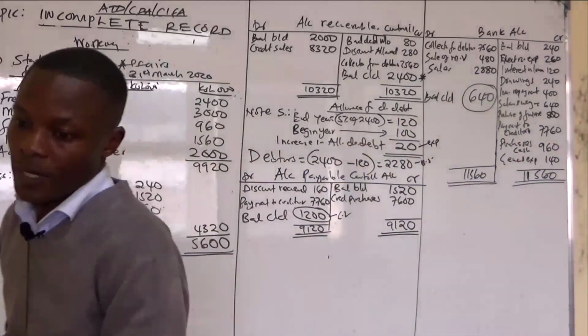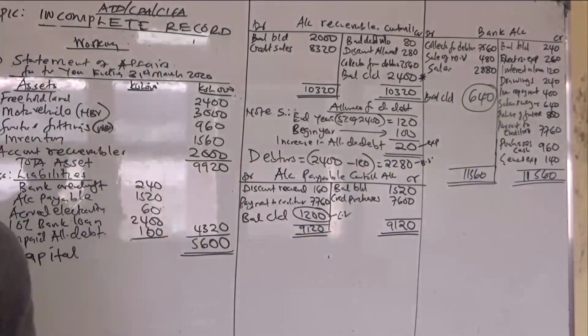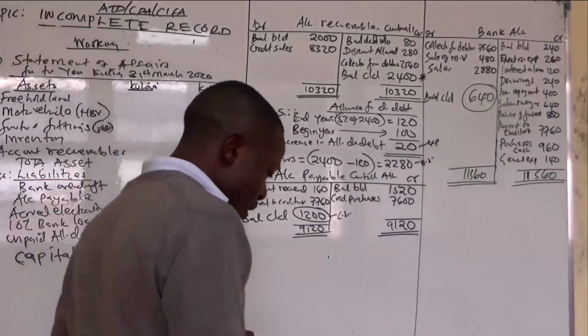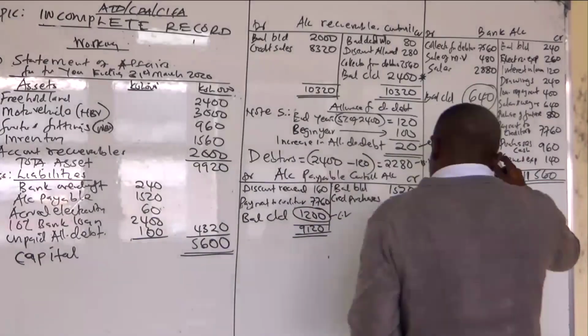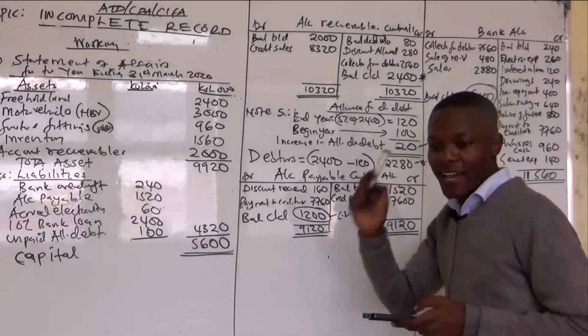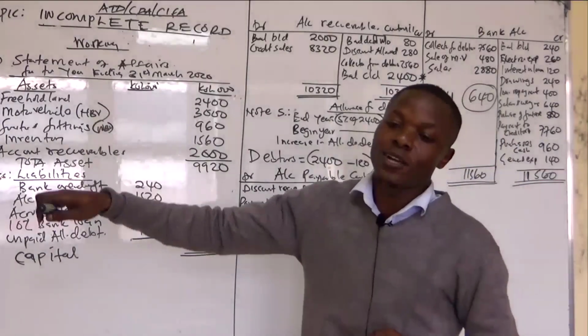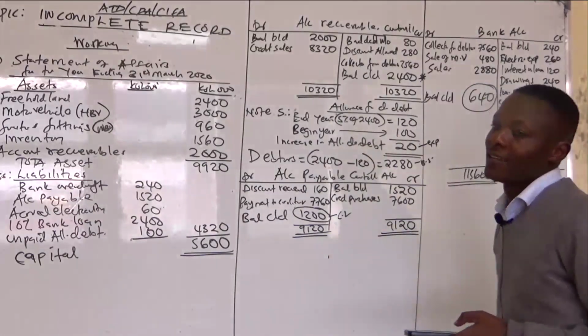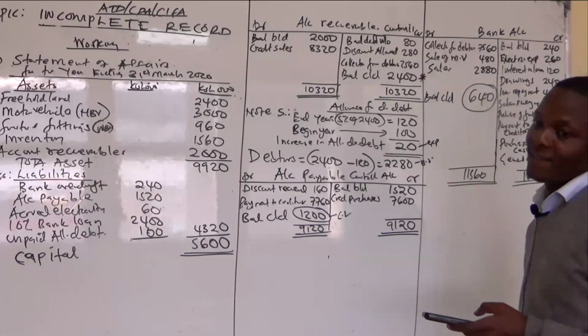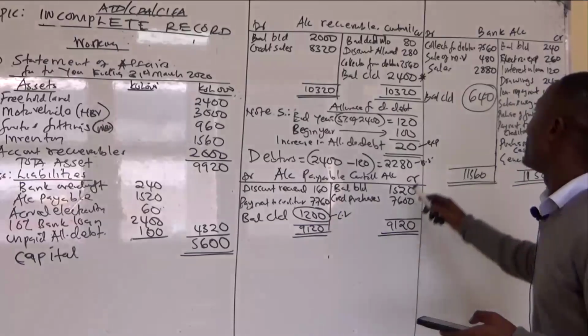That balance tutaipeleka wapi? Mtu ambaye ana Balance sheet, inaenda balance sheet side gani? Tuko na current asset, tuko na current liability. Inaenda wapi? Current asset. Hapana. This is double entry.